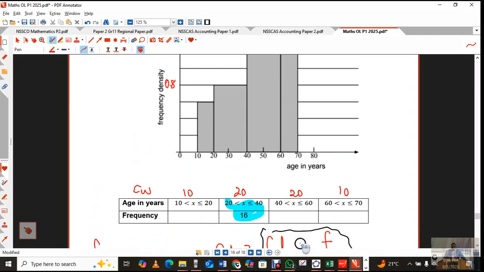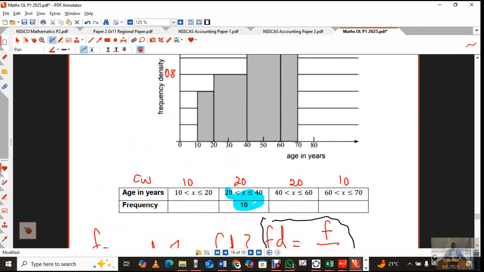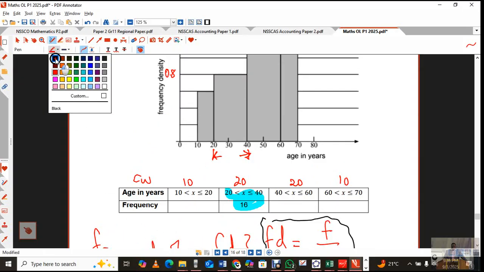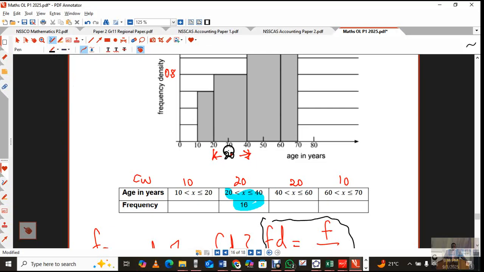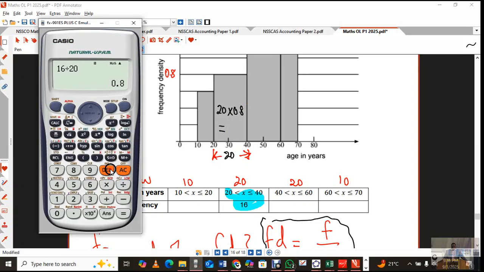Now, you can see, if you were to take this class width, which happens to be 20, and if you take this rectangle and you say 20 times 0.8, guess what you're going to get? If you take 20 times 0.8, you get 16.